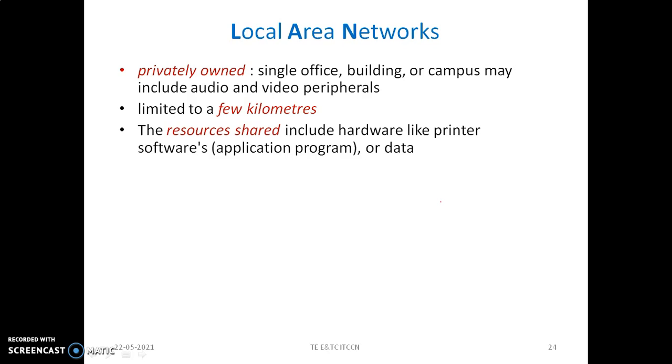Such a network can have many nodes connected together, or even one PC connected to one printer, and if both of them are in a network, that also can be called a small local area network. The area to which it is limited is within a few kilometers of space.